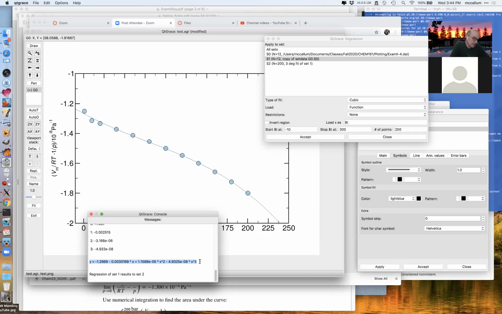Minus, I still think that first value, I must have done something wrong somewhere because that number looked a little bit off, but 0.0030169 x minus 1.1589 times 10 to the -5 x squared minus 4.9325 times 10 to the -8 x cubed.